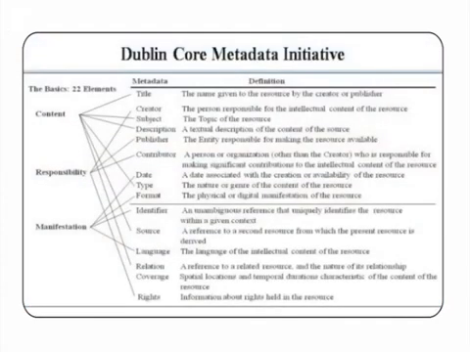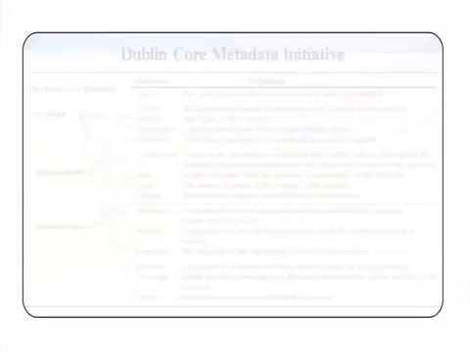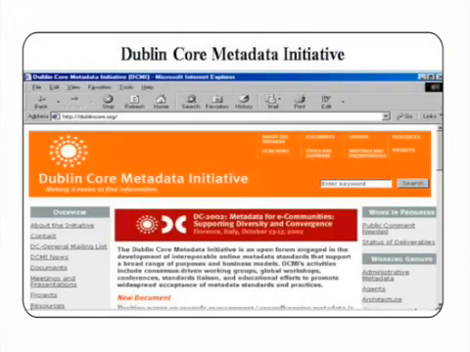Now for Dublin Core, I have a slide here to show that one content can be represented with just 22 elements. The content, the responsibility and manifestation of this content can be easily given a name, that is title, creator, subject, description. These are the metadata, and the definitions are given here. This also you can read from the material supplied with the course. In addition, Dublin Core also provides full details about the metadata standards on its website, dublincore.org.